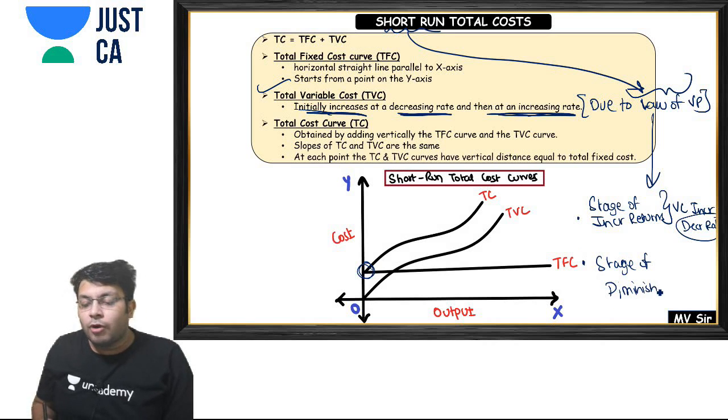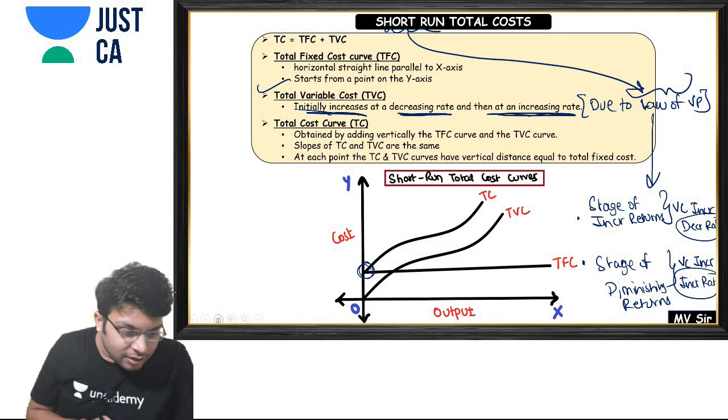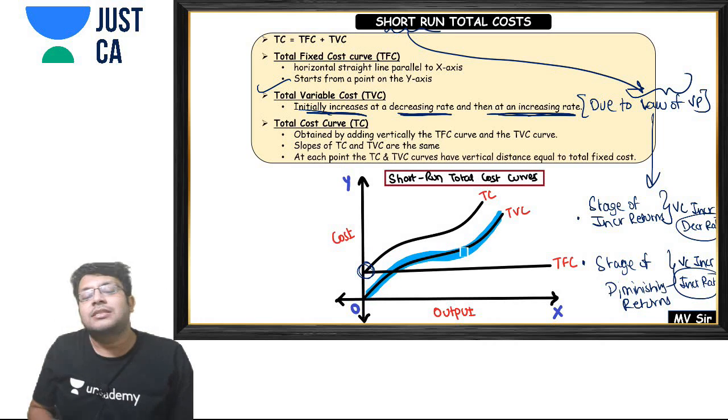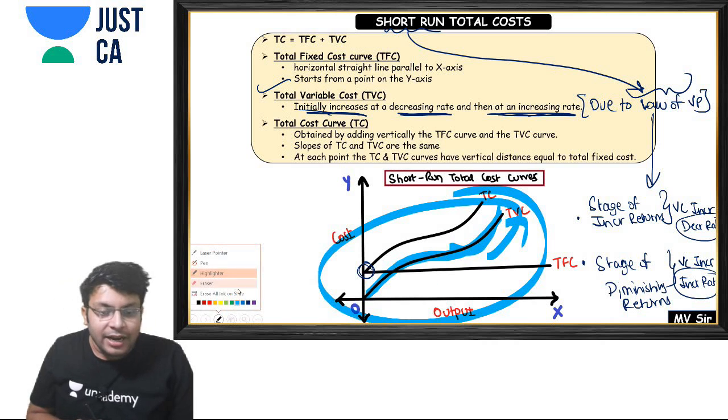When you move on to it, your variable cost will increase with an increasing rate. So first your variable cost curve is increasing at a slow pace, and then it takes more pace. It is increasing by an increasing rate. So that is why we get an inverted S shape.